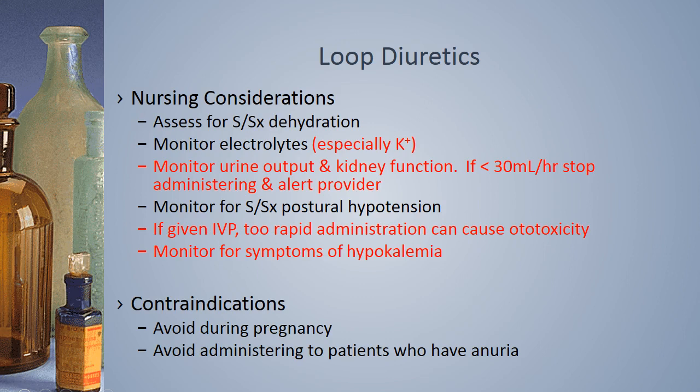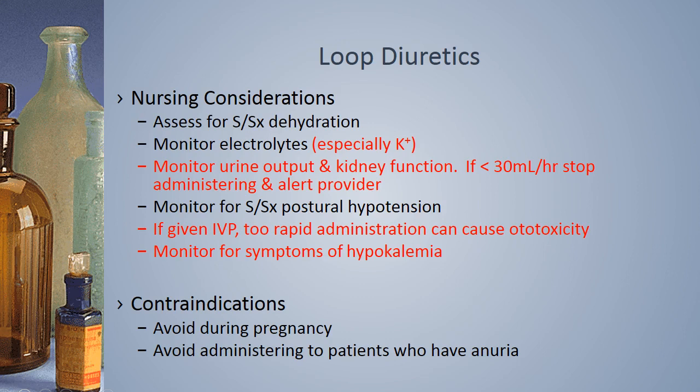You're going to monitor your electrolytes, mostly your potassium. You want to monitor your other electrolytes, but potassium is very important with these kinds of medicines. Monitor their urine output and their kidney function. If it's less than 30 mLs an hour, you need to stop administering and alert the provider.